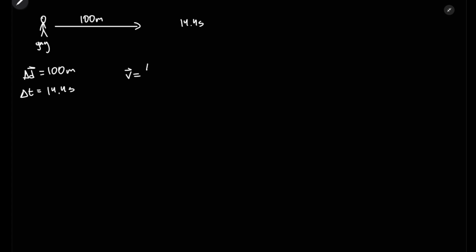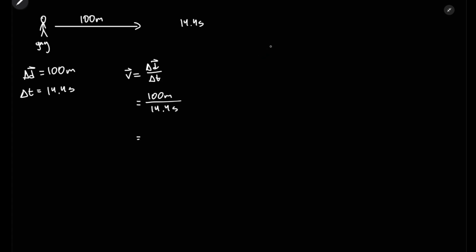Velocity equals d over t, which is 100 meters over 14.4 seconds. And again, same as last time, we're going to keep the units. We're not going to get rid of them.